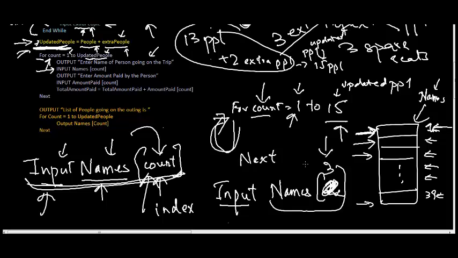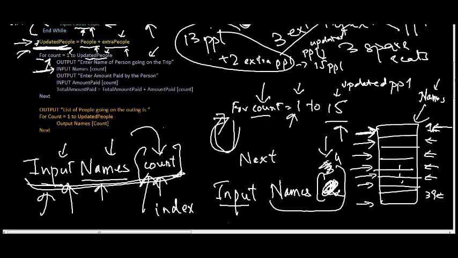Previously it was 2, now it has become 3, then it is going to become 4, then 5, so on and so forth. Each time we will be moving to a new box in the array, and the new input that the user gives will be added to this new element of the array.